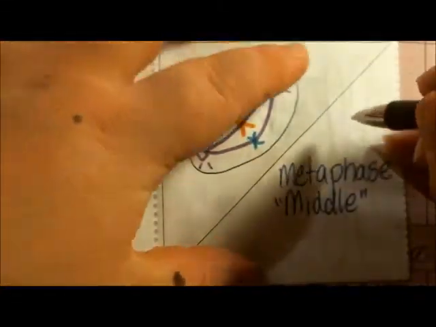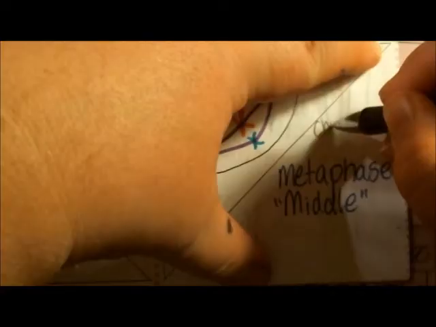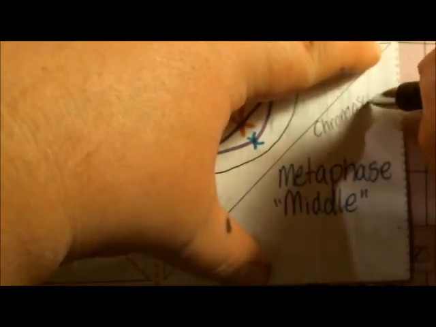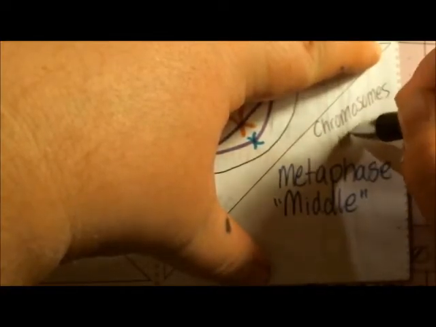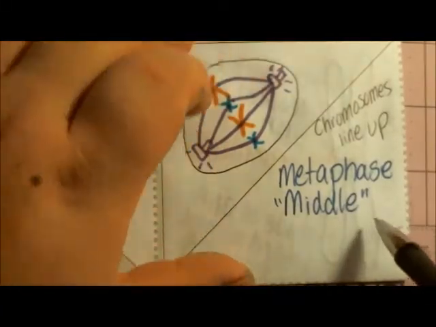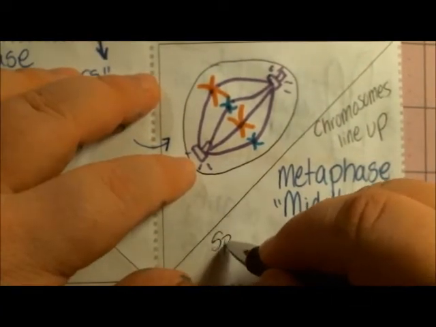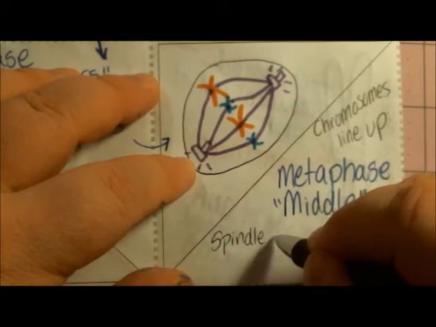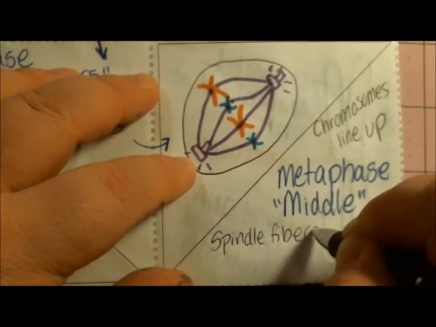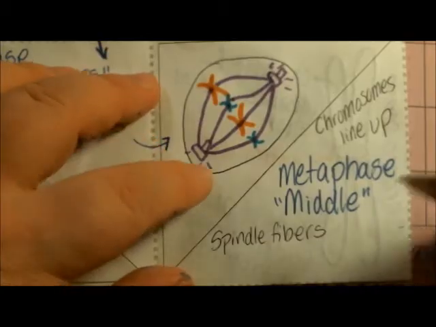So we have chromosomes lining up in the middle, and spindle fibers connect to centromeres, which are the middle of the chromosome.